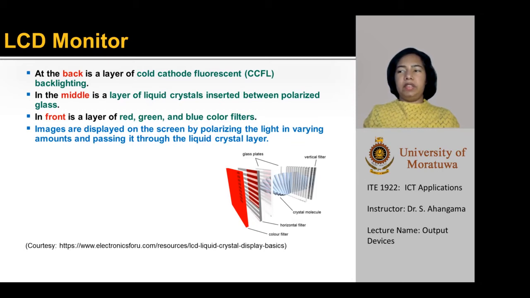Since liquid crystals do not produce light of their own, they need an external light source to work. Therefore, at the back is a layer of cold cathode fluorescent backlighting, which we call CCFL backlighting.